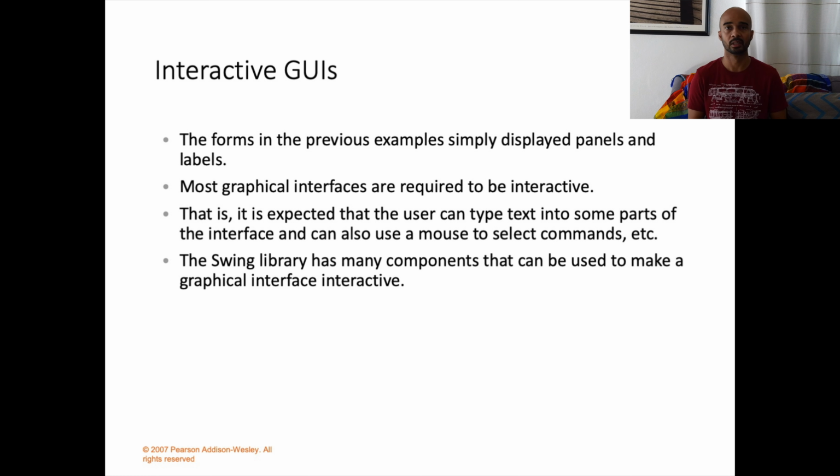So you allow them to click on something, allow them to enter some text, and so on. With an interactive GUI, the main objective is to be able to capture these different forms of user input. Most graphical user interfaces are by nature interactive, so it's expected that we be able to interact with them in some way.